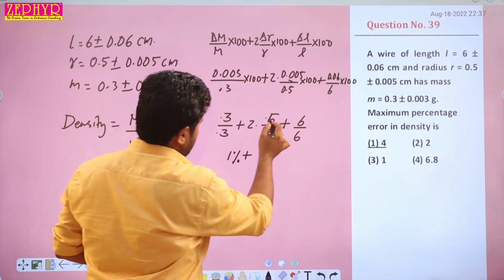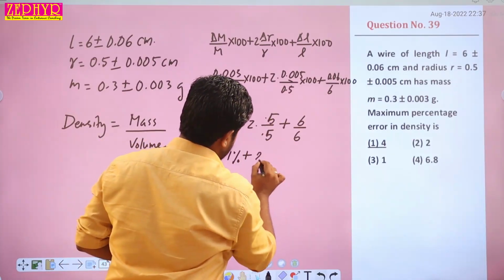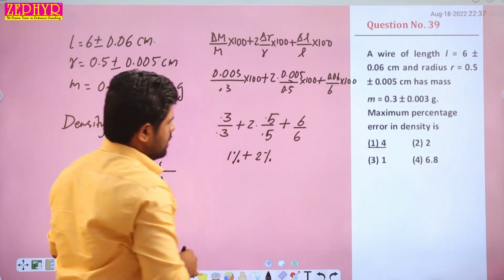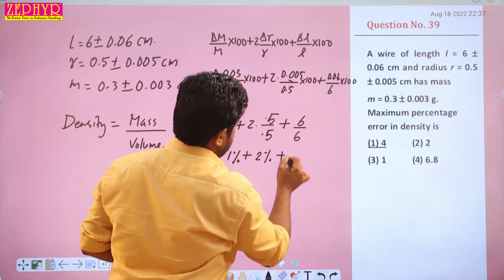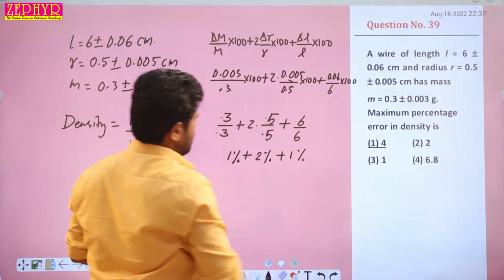Plus 2 into 0.5 divided by 0.5, that is equal to 2%. Plus 6 by 6, that is equal to 1%.